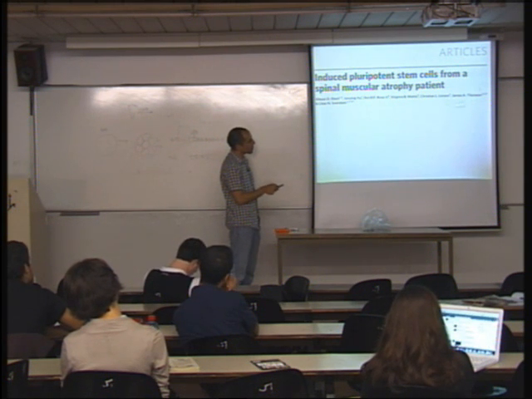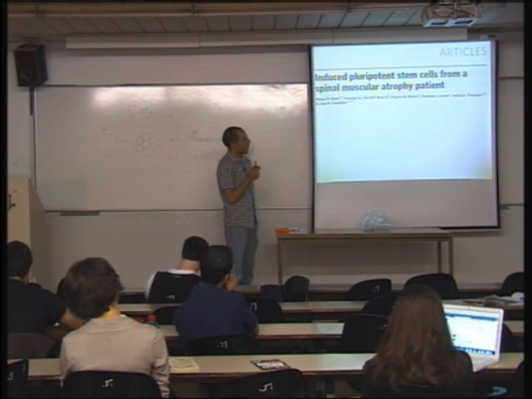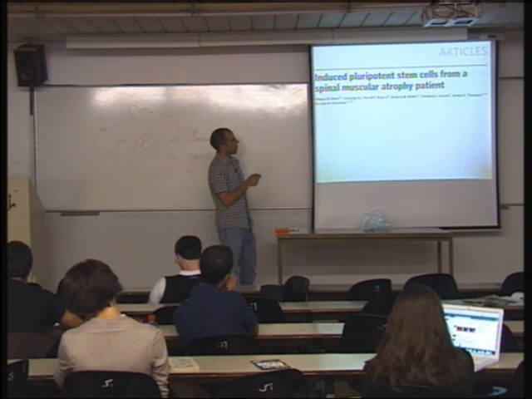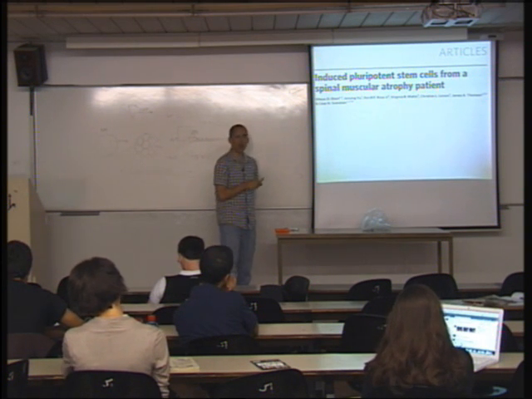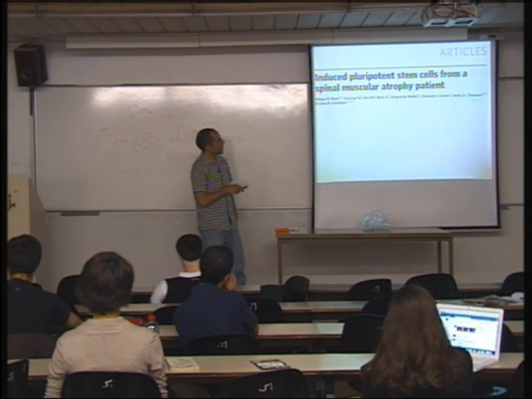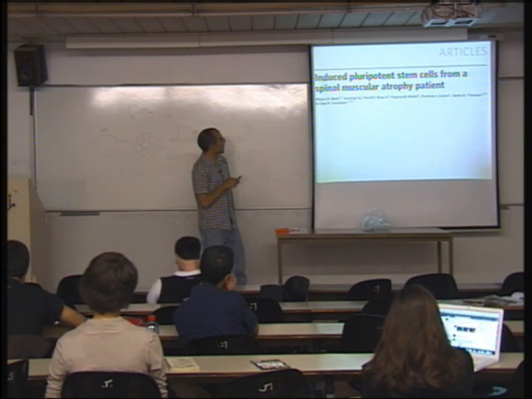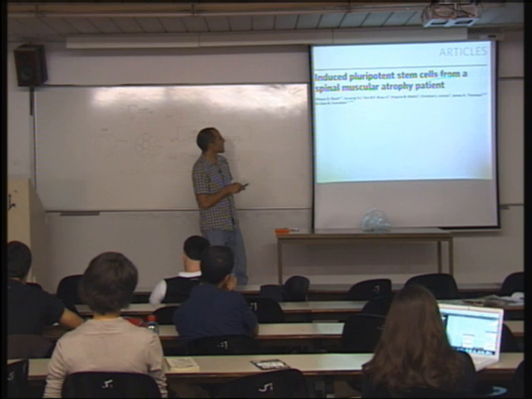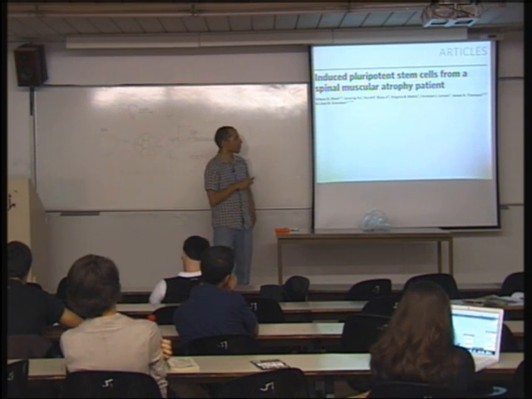Jamie is the person who, for the first time, generated human embryonic stem cells in '98. So they show here in an article published in Nature in 2009, iPS cells from a spinal muscular atrophy patient.